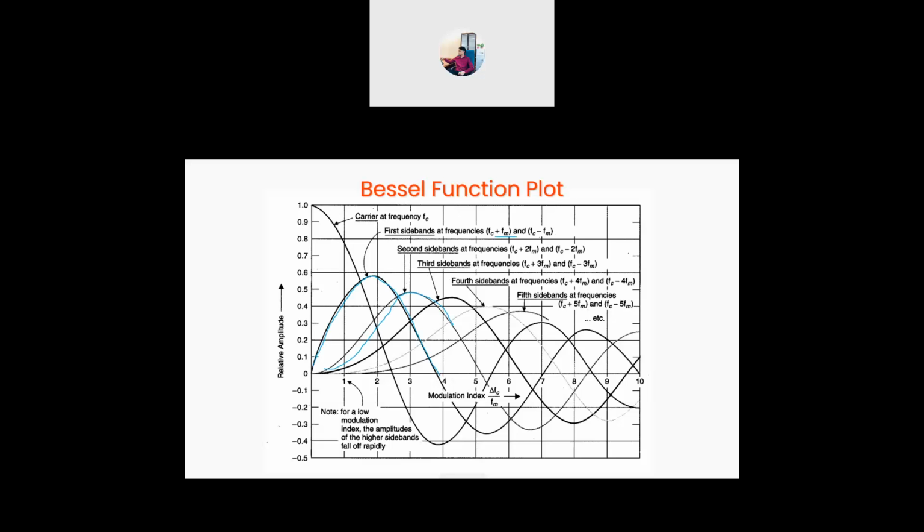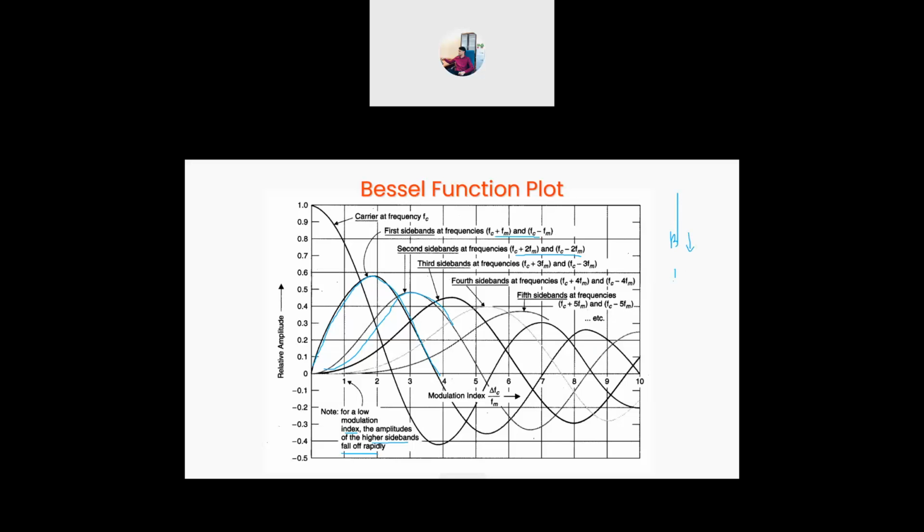First sideband means FC plus FM. Second sideband FC plus 2FM, FC minus 2FM. For a low modulation index, the amplitude of the higher sidebands falls off rapidly. You can see the amplitude is going to fall off. If you have beta which is small, the amplitude of the higher sidebands falls off rapidly.